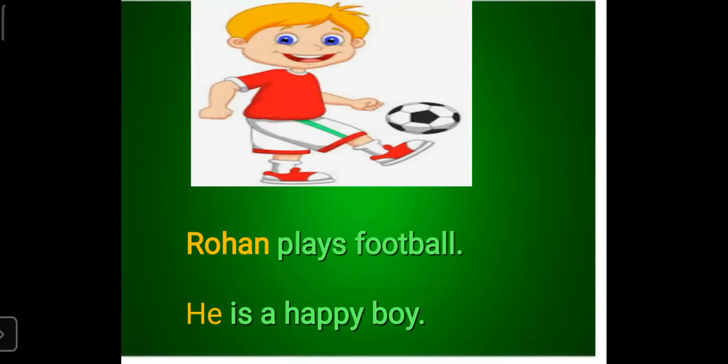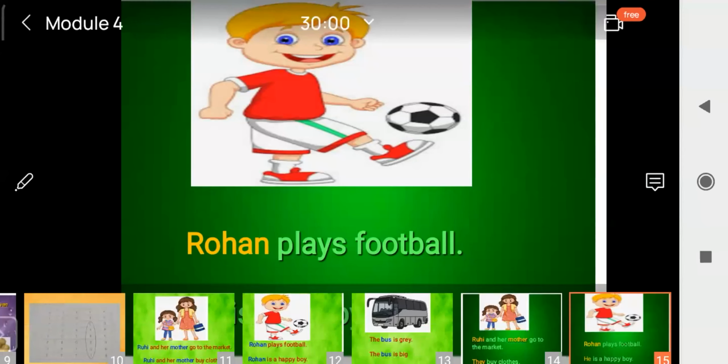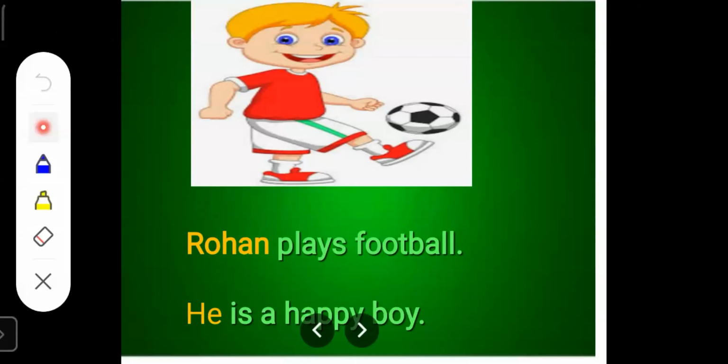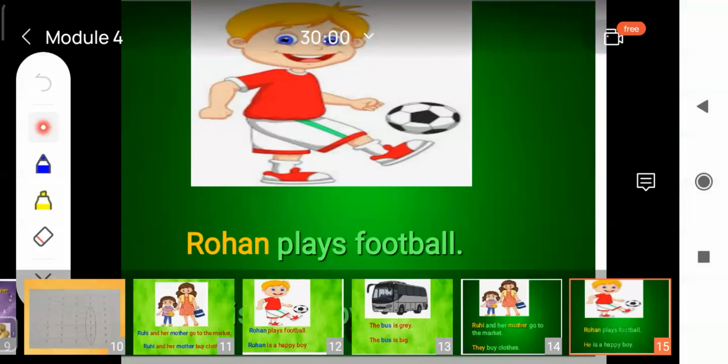We use the subject pronoun he when we are talking about a boy. Have you understood, children? Instead of writing the naming words again and again, we can use subject pronouns.